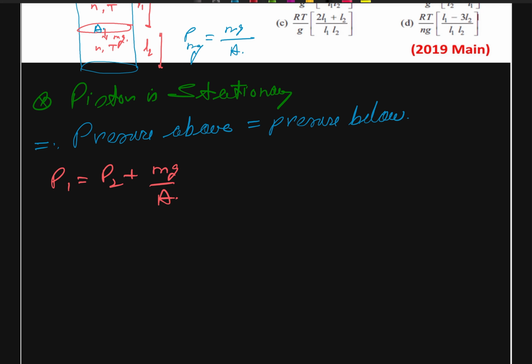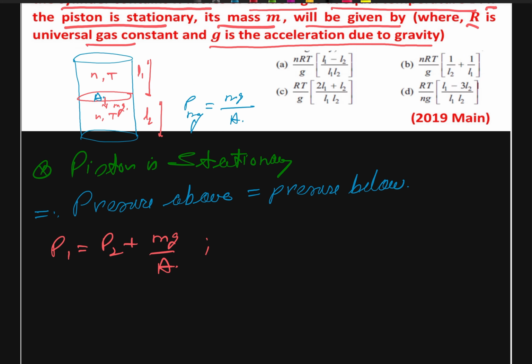And we can use our ideal gas law. We can assume that in the upper part we have volume V1, and in the lower part we have volume V2.